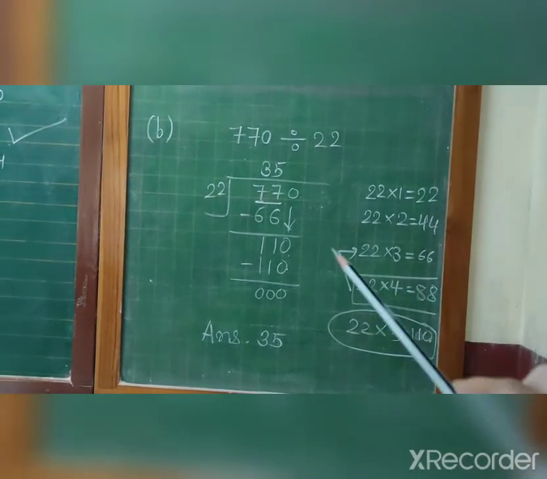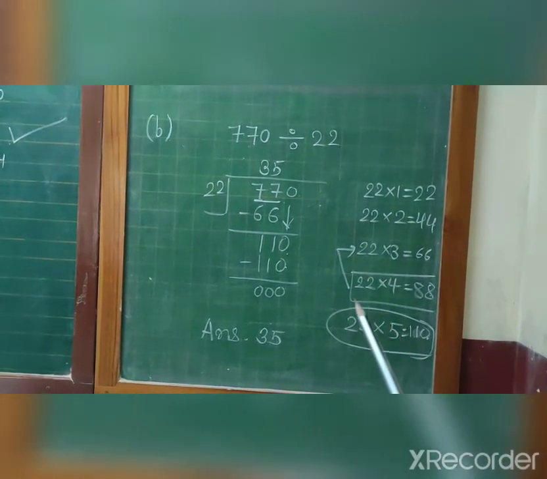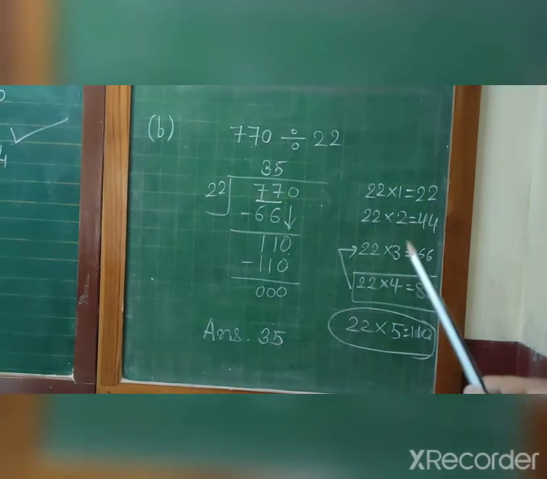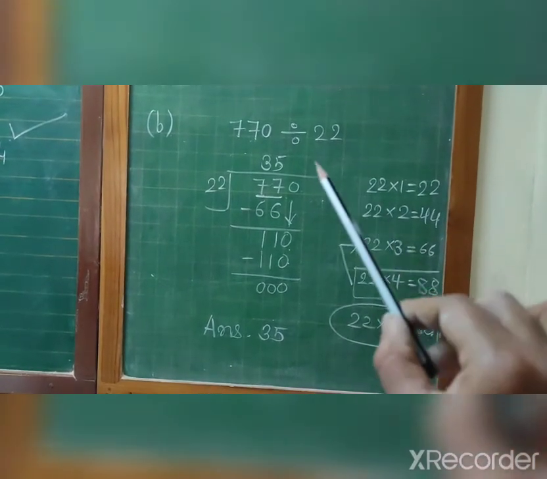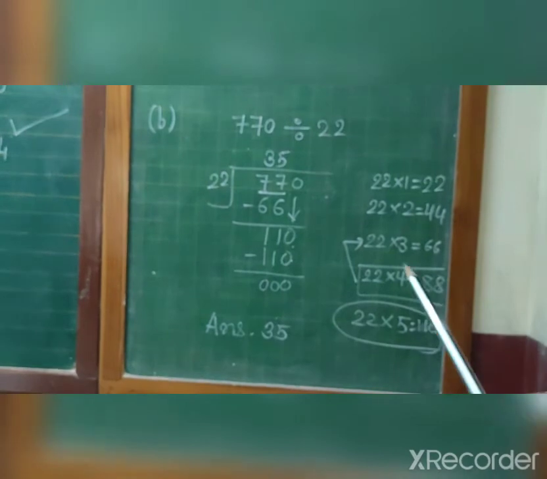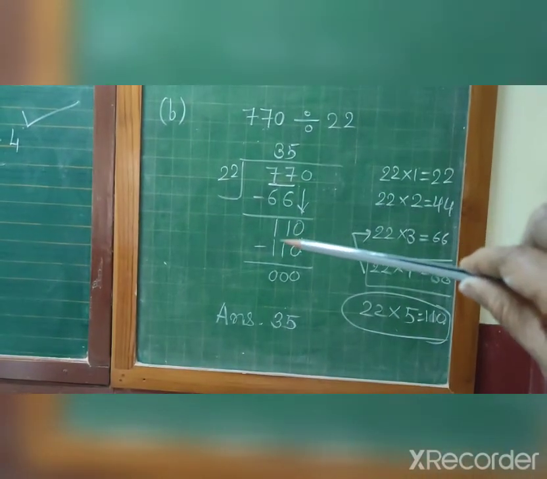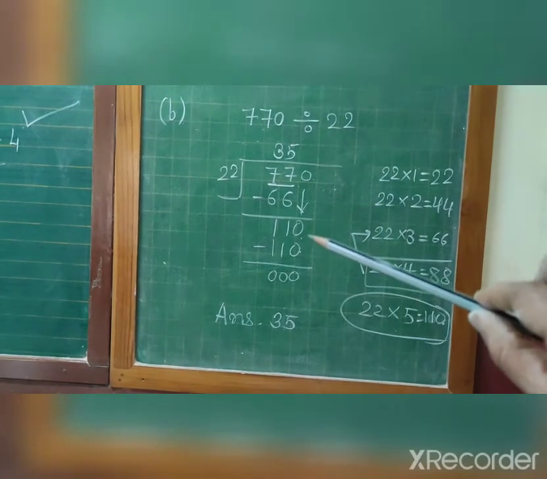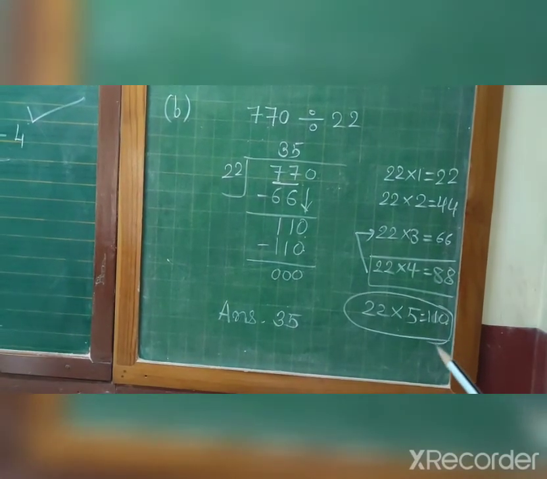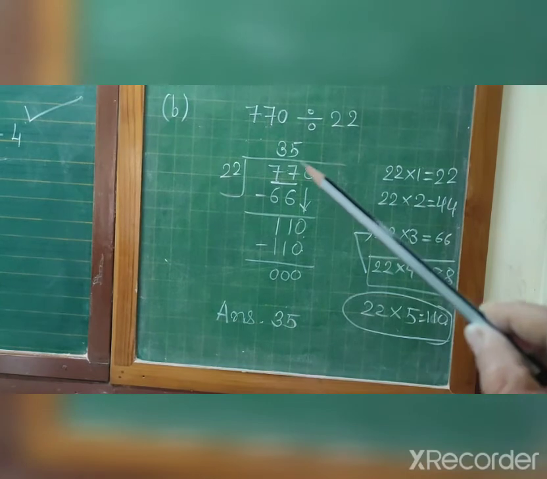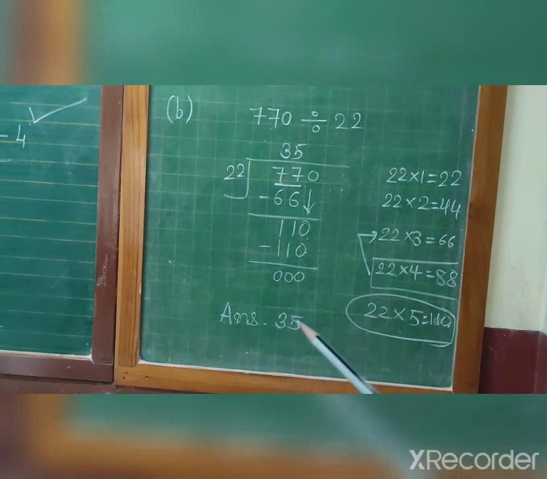It is greater than 77, so we'll choose 3 times. So 22 3s are 66. 7 minus 6 is 1. Then bring down 0, and 22 into 5 you are getting 110. So 35 will be the answer.